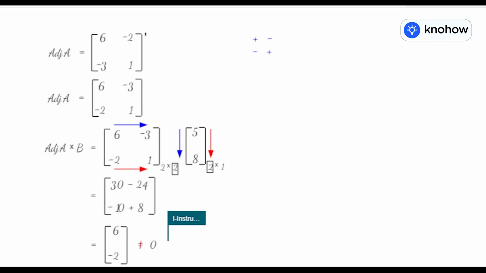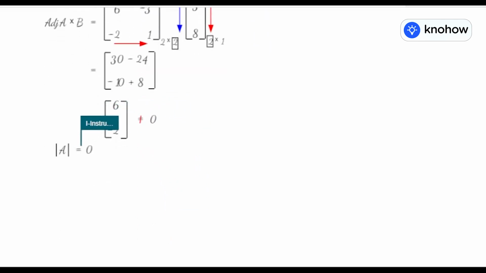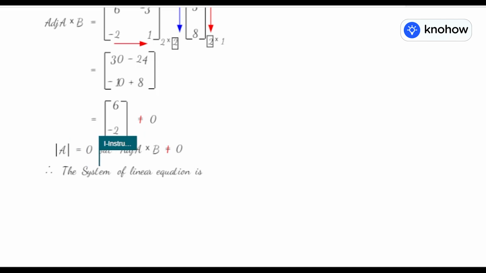That as determinant A is 0, but adjoint A into matrix B is not equal to 0, hence the system of linear equations is inconsistent and has no solution.